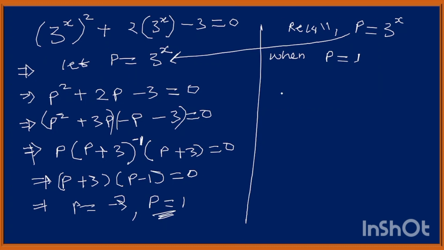So substituted there, we have 1 is equal to 3 raised to the power x. So we want to make this 1 to look like 3, so that we can equate the power. So 1 is the same thing as 3 raised to the power 0, because 3 raised to the power 0 is 1. This is equal to 3 to the x. So if we equate the powers, we are going to have that x is equal to 0.